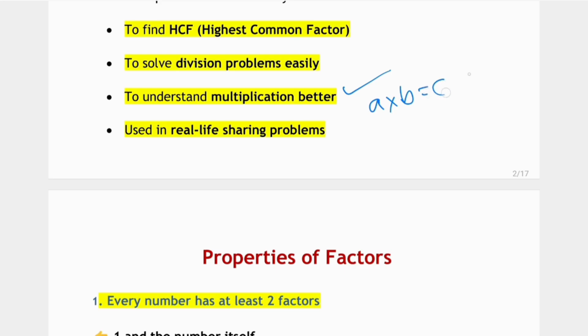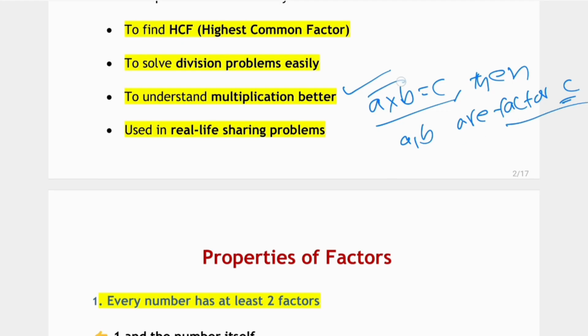A into B is equal to C, then A comma B are factors of C. I repeat again. A into B is equal to C, then A comma B are factors of C.